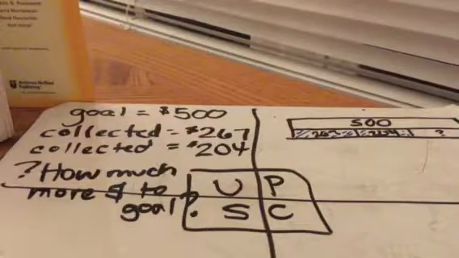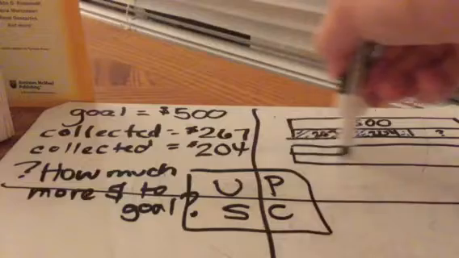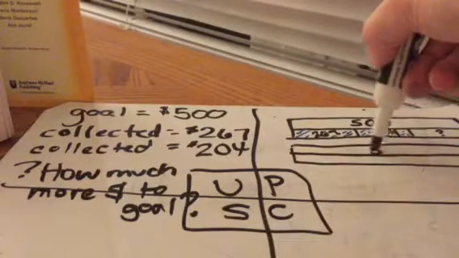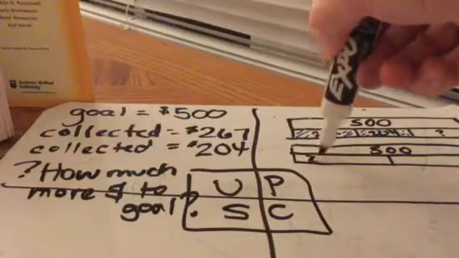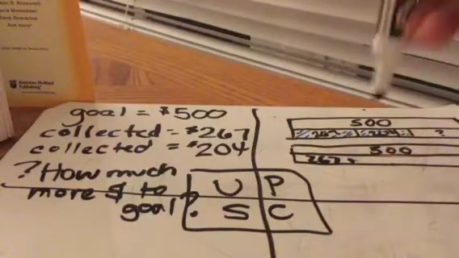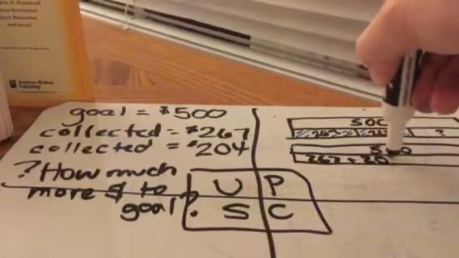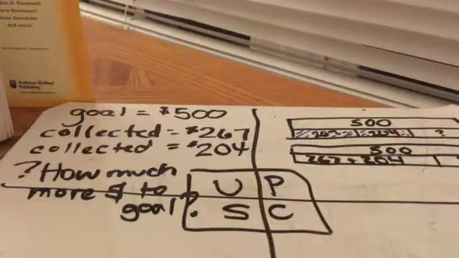So I could also put the 267 plus 204 together down here, and then do the question mark, how much is left.